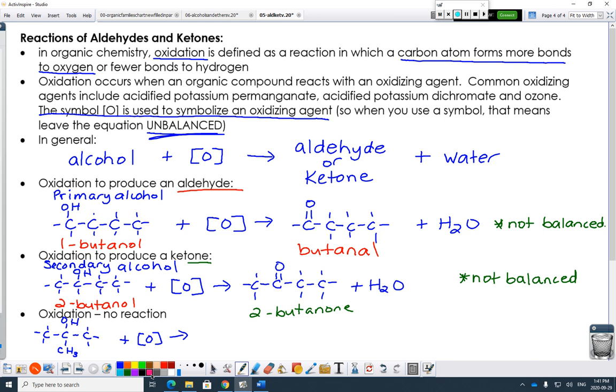Can this carbon do that by losing hydrogens? Does it have any hydrogens to lose? No. Okay? You can't drop a methyl group. It's either more bonds to oxygen or fewer bonds to hydrogen. So this one, you can't make 5 bonds. There's no space. So then you would just write no reaction.